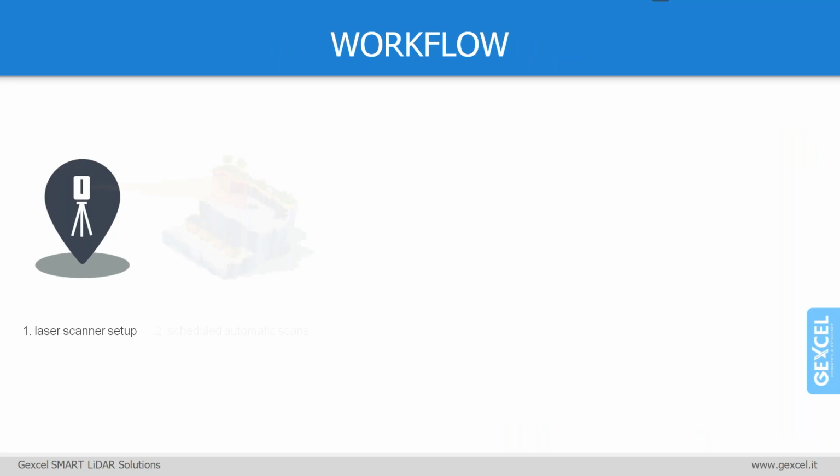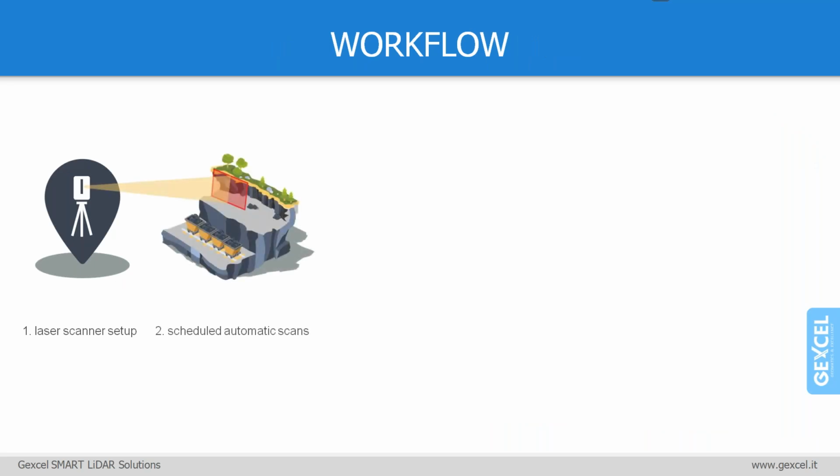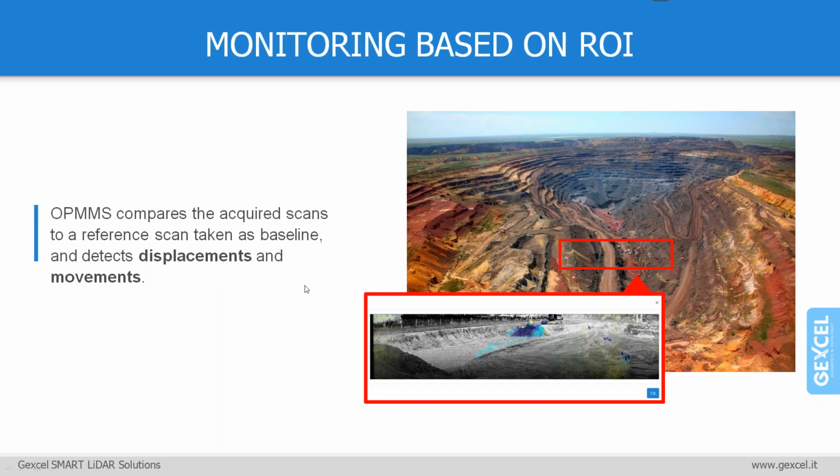Then the user can set the scanning agenda, fixing the threshold and organizing the scanning frequency. And in the scanned area, it is possible to define the region of interest, what we normally call ROI.